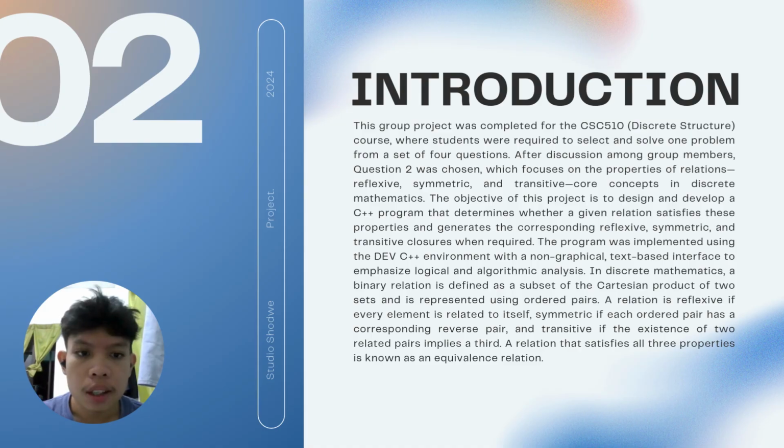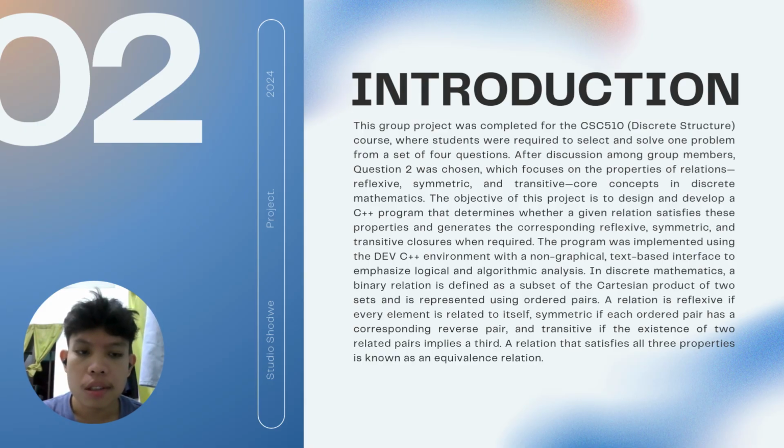In discrete mathematics, the binary relation is defined as a subset of the Cartesian product of two sets and is represented using ordered pairs.